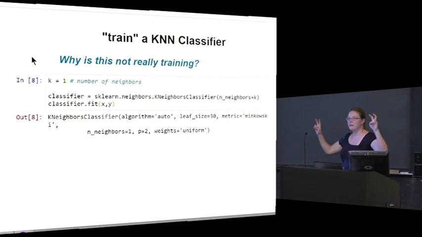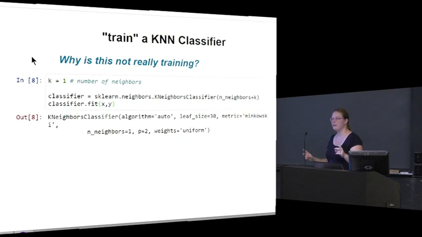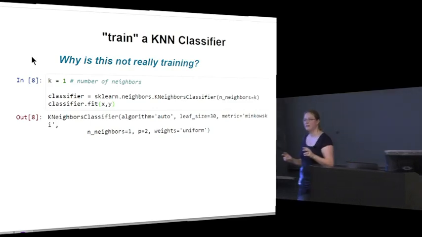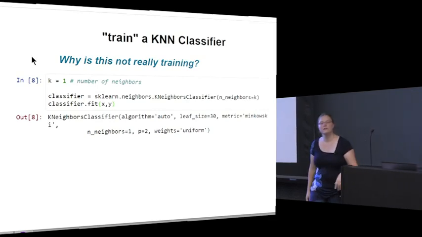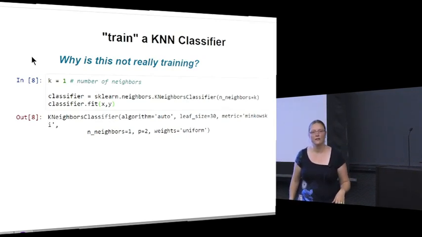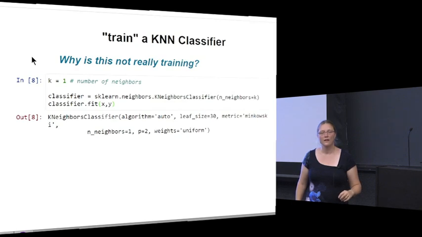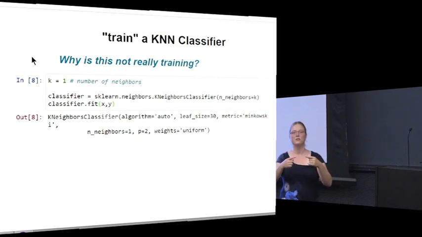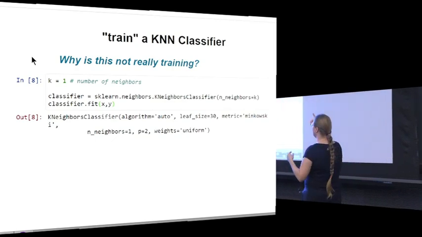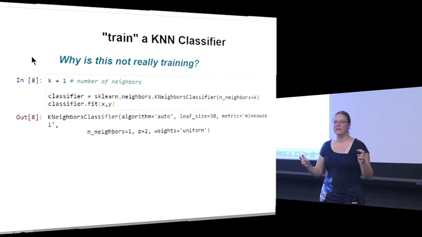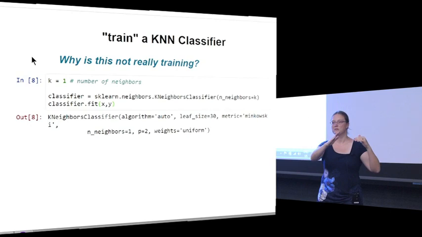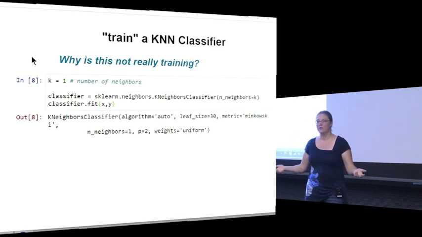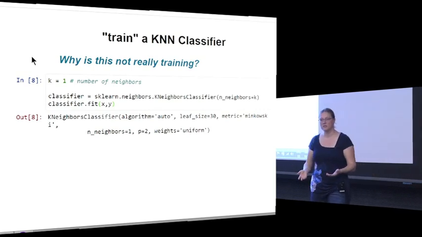And I put the train here in quotation marks. Why would I not really call this training a classifier? Yeah, I use all the points again, right? Normally when we say we train a classifier, we look for that separating hyperplane, for example. And once you have the parameters of that hyperplane, you don't have to look at all the other data points anymore when you do predictions.